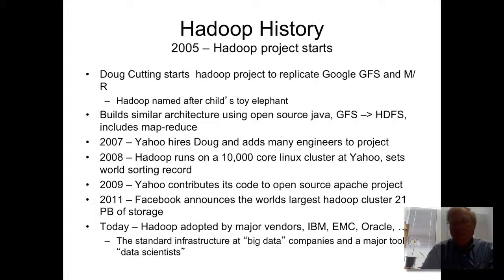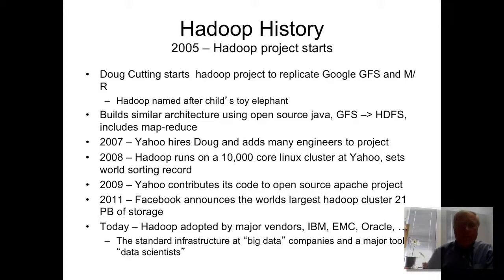Somewhere in that timeline, Facebook jumped on because they were having similar problems. They'd started with a MySQL infrastructure that wasn't scaling. And they started adding a bunch of other things and picked up Hadoop. In 2011, they announced that they had the world's largest Hadoop cluster, with 21 petabytes of storage. I think it's now closer to 30 or 40 petabytes.